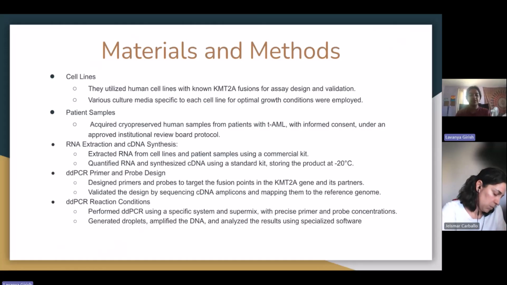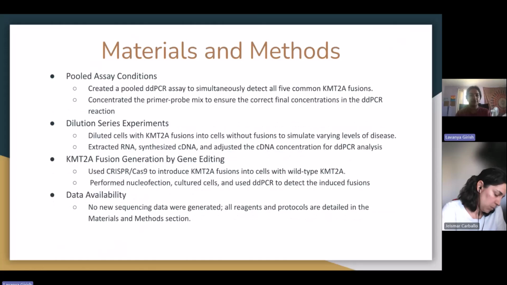They generated droplets, amplified DNA, and analyzed the results using software. For the pooled assay conditions, they created a pooled ddPCR assay to simultaneously detect all 5 common KMT2A fusions. They concentrated the primer probe mix to ensure the final concentrations in the ddPCR reaction were correct.